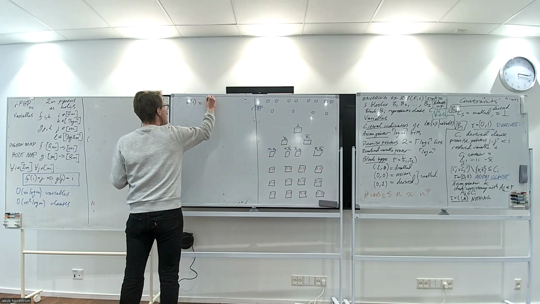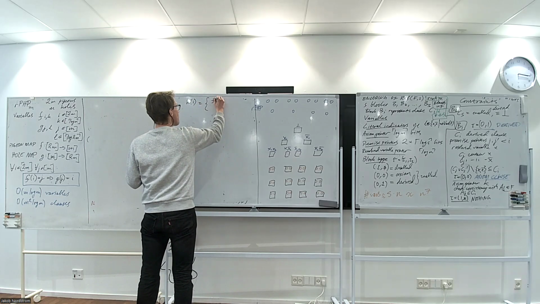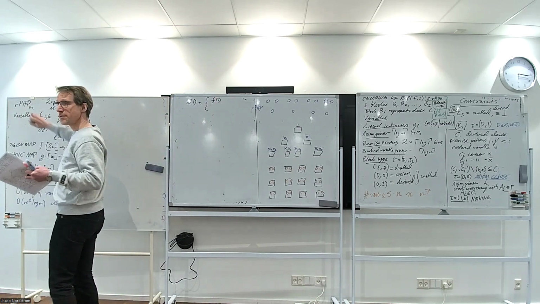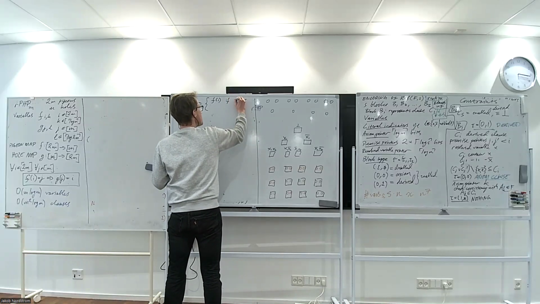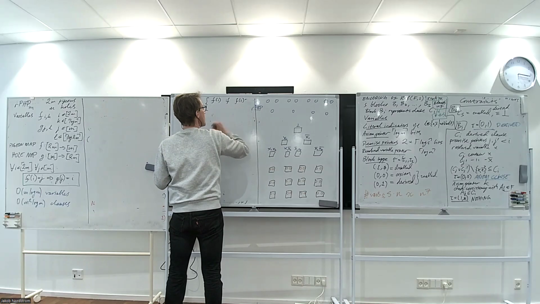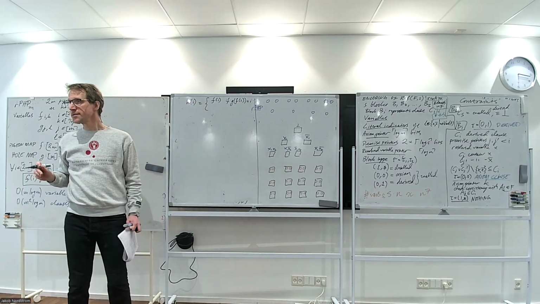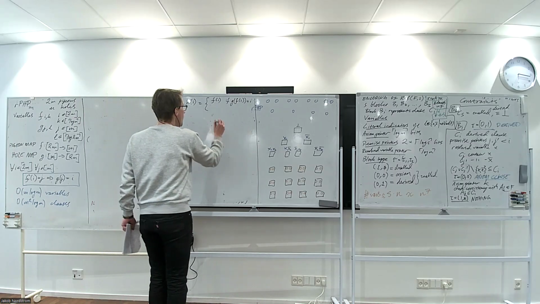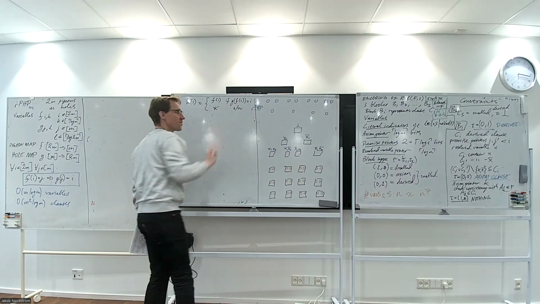H of I is going to be F of I, where F is this guy, if indeed I take F of I, send it over to some J, and invert it, I get I back. Then I'm happy. Otherwise, H of I is undefined.